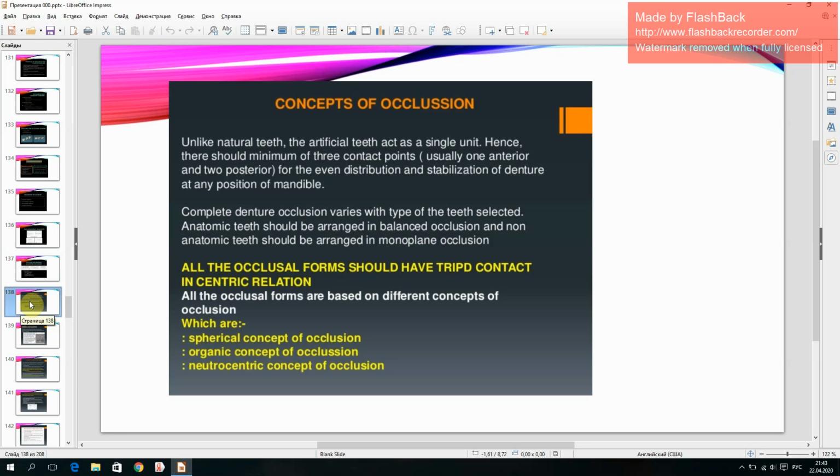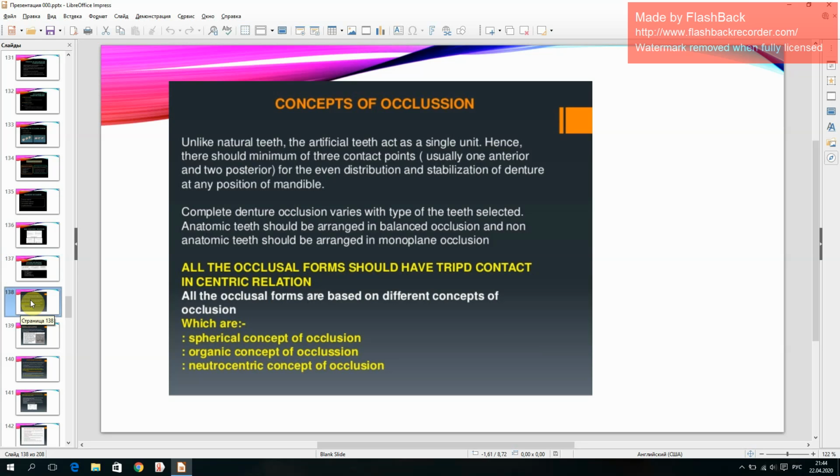Concepts of occlusion. Unlike natural teeth, the artificial teeth act as a single unit. Hence, there should be a minimum of three contact points, usually one anterior and two posterior, for the even distribution and stabilization of the denture at any position of the mandible.